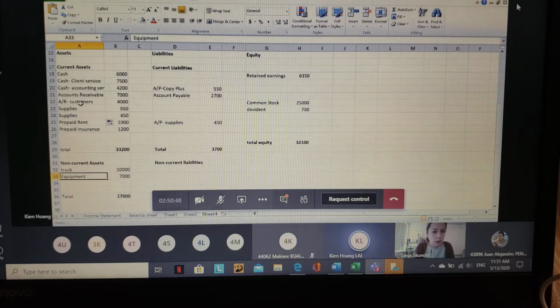Account receivable from the customer, the rest from 8,200, so 4,000 I put here. And two supplies, one from the beginning, another supplies in the month of December. And prepaid rent, prepaid insurance keep the same from the beginning. So the total current asset I have this amount.